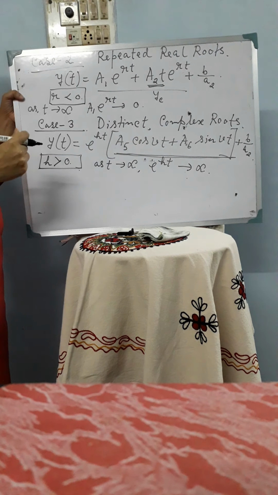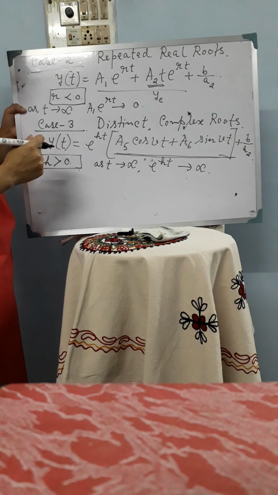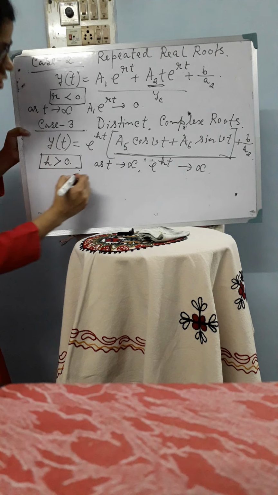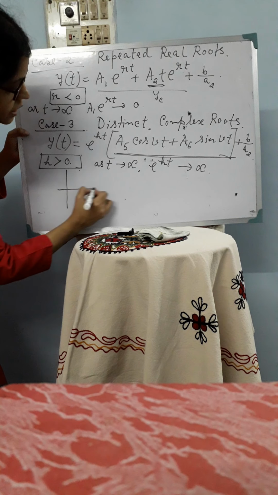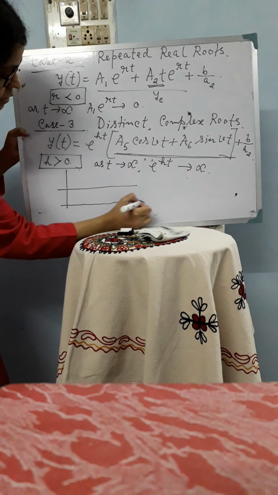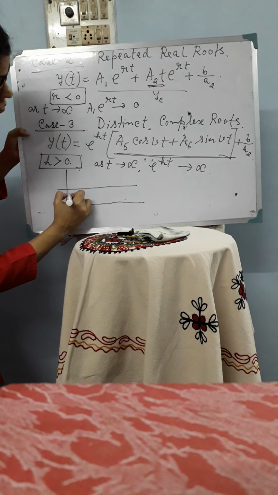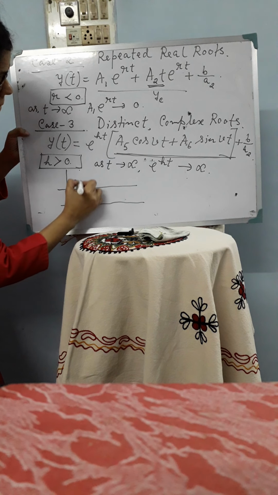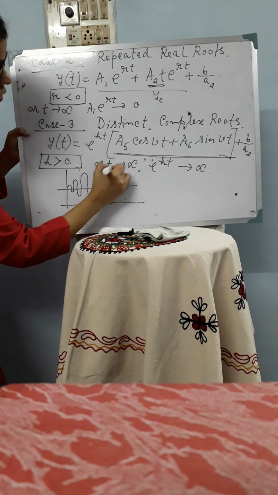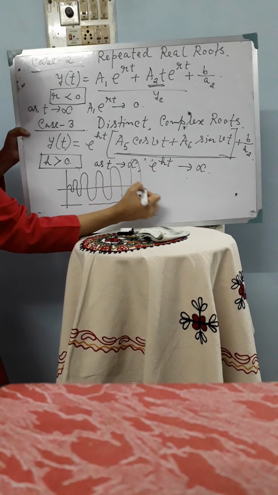So in that case, we will have a divergent time path, and the oscillation will be explosive in nature. So if we draw the time path, then the time path will look like this. So the oscillation is divergent.